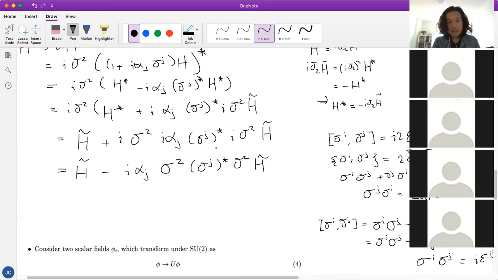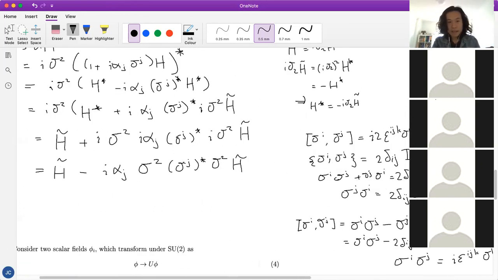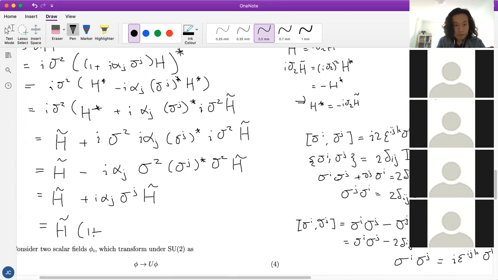Okay, then in that case, I could just put this minus sigma j back into here. So this equals h tilde plus i alpha j sigma j h tilde. And voila, 1 plus i alpha j sigma j. So this thing is the U matrix, so it's h tilde U. Okay, I wrote it the wrong way around, but it doesn't matter.